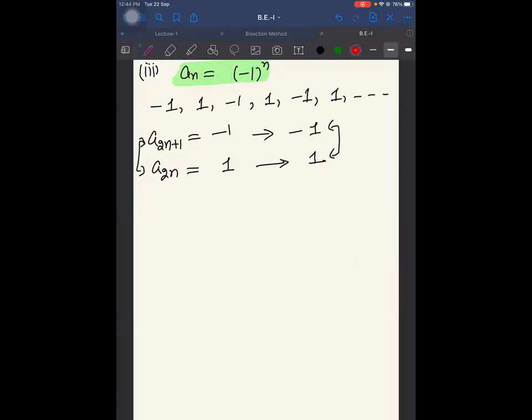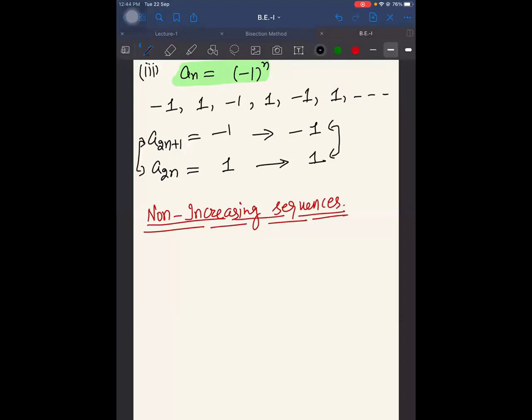Okay. So now we'll be discussing one more type of sequences. That is non-increasing sequences. Right?